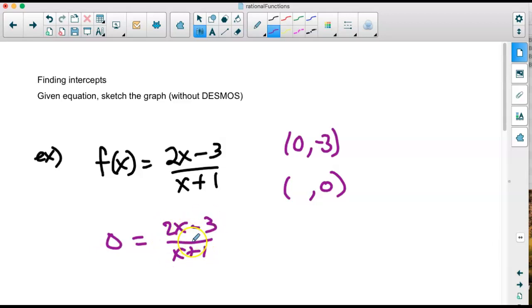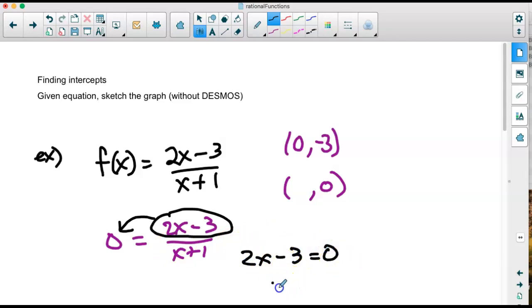If a rational function equals 0, that just means that the numerator has to equal 0, because 0 divided by anything except 0 is going to be 0. So really we're just solving the equation 2x minus 3 equals 0. In this case that's x equals 3/2 or 1.5. That would be my other intercept here.